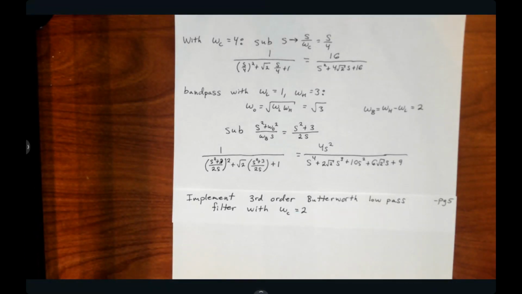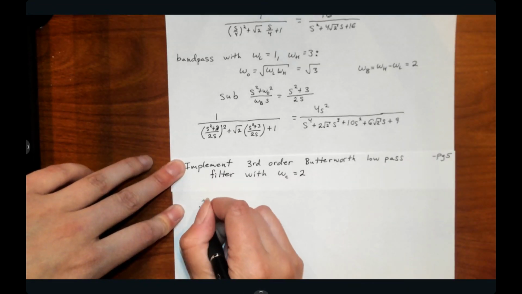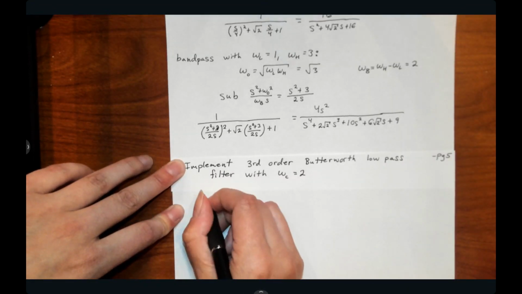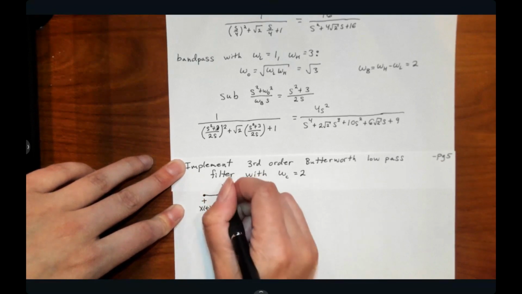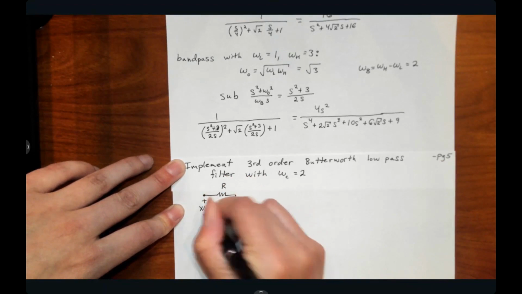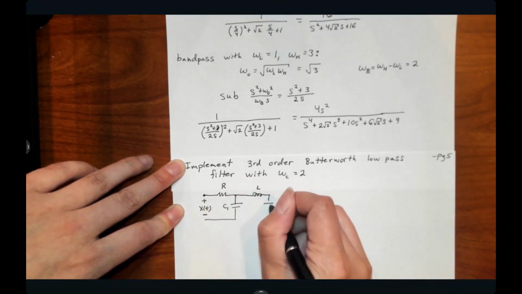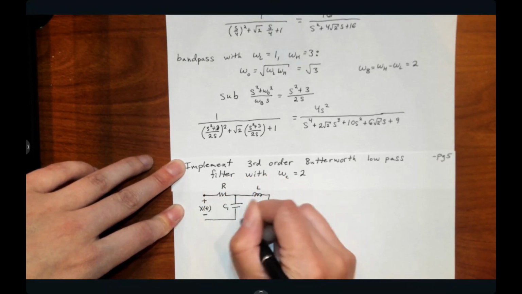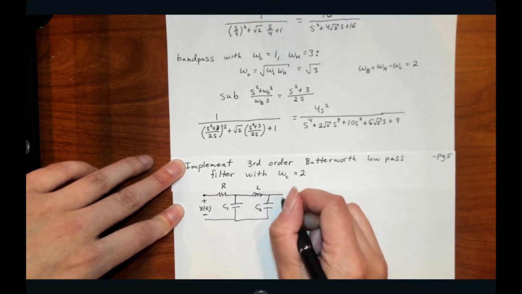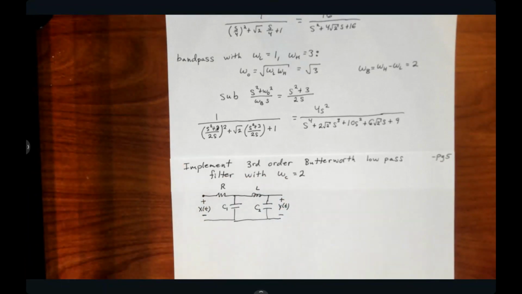And the circuit that I'm going to use, we have our input voltage here. We have a resistor, capacitor, an inductor, and another capacitor. And my output is across the second capacitor.